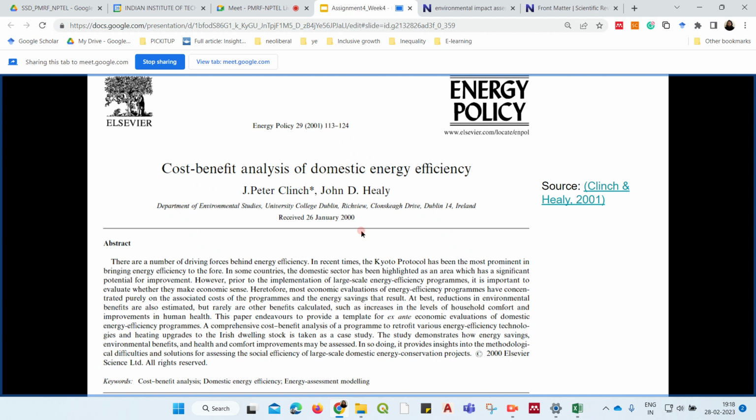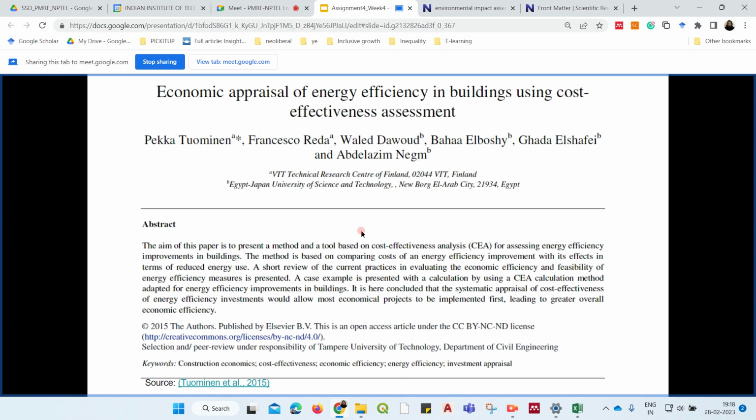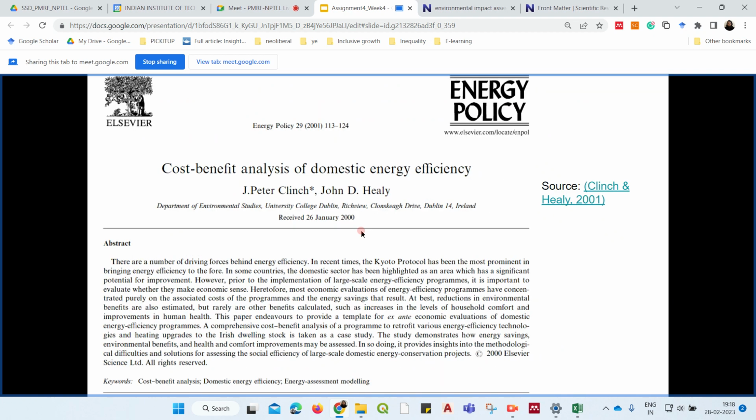So I found two studies which do cost benefit analysis of domestic energy efficiency. This is a study by J. Peter Clinch and John D. Healy. It studies cost benefit analysis of domestic energy efficiency.